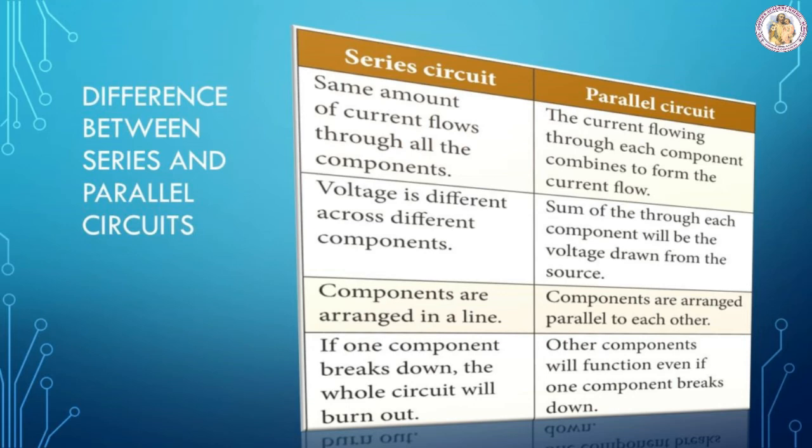In parallel circuit, voltage is same across different components. Components are arranged in a line in series circuit, but in parallel circuit, components are arranged parallel to each other. In series circuit, if one component breaks down, the whole circuit will burn out. But in parallel circuit, other components will function even if one component breaks down.